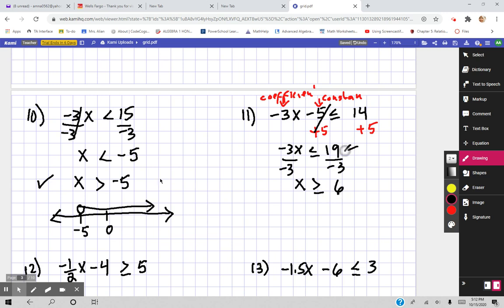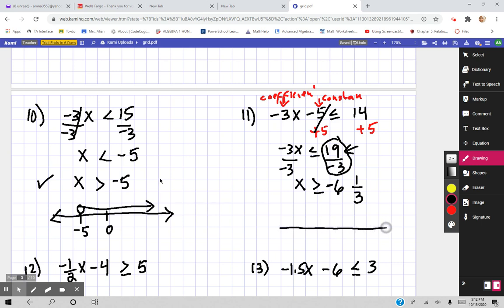But when I take 18 from the top, I'm still left with 1 over our denominator 3. Our fraction here was negative, so our mixed number should also be negative. So the answer is x is greater than or equal to negative 6 1/3.